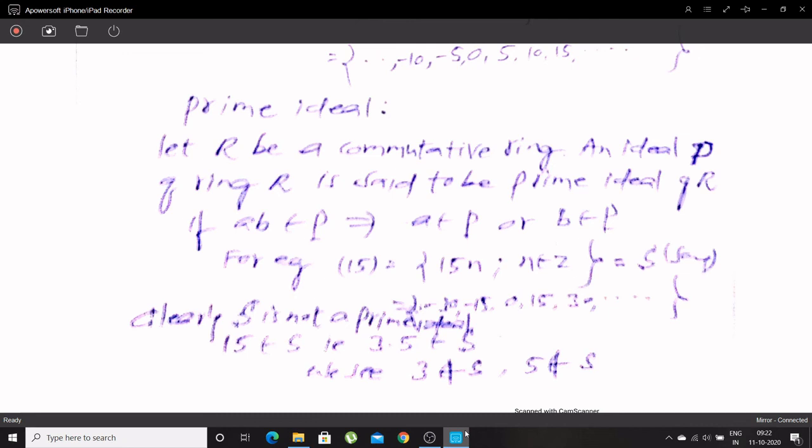That means it is generated by 15. The elements of S are 0, 15, 30, 45, minus 15, minus 30, minus 45, and so on.